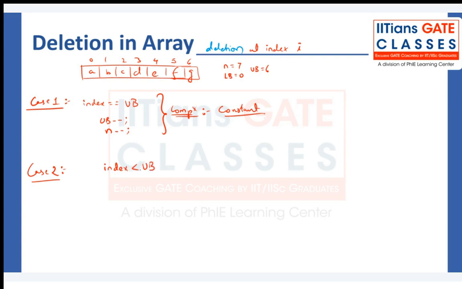That your index is less than your upper bound and greater than or equal to your lower bound. Now think about it. I tell you to delete somewhere in the middle. Suppose I tell you to delete this element. This is your I. What would you do? For deleting it, you would simply shift all the elements one position left.